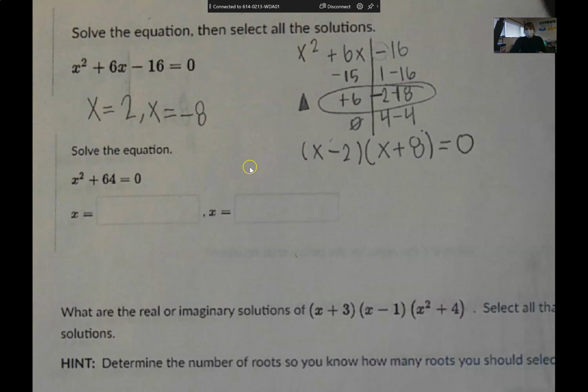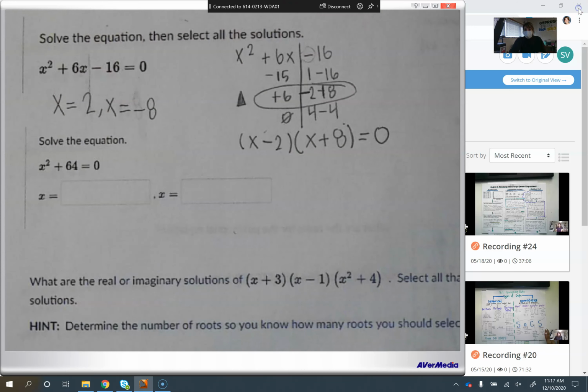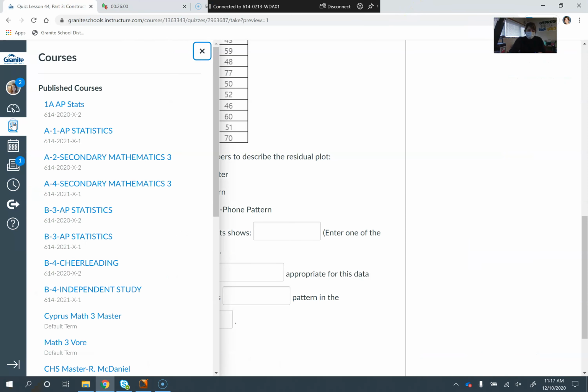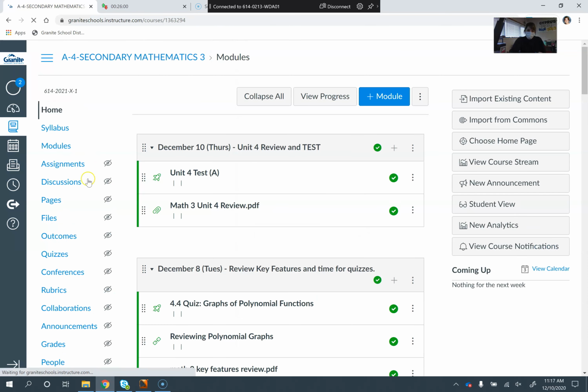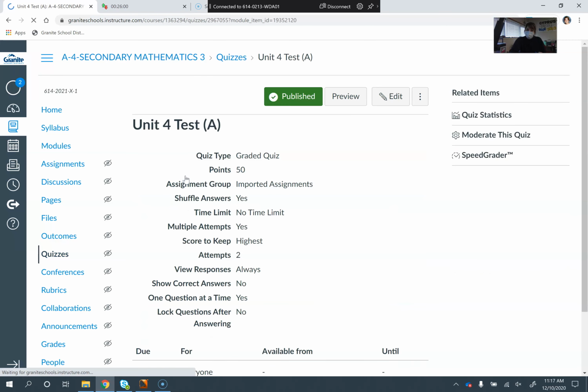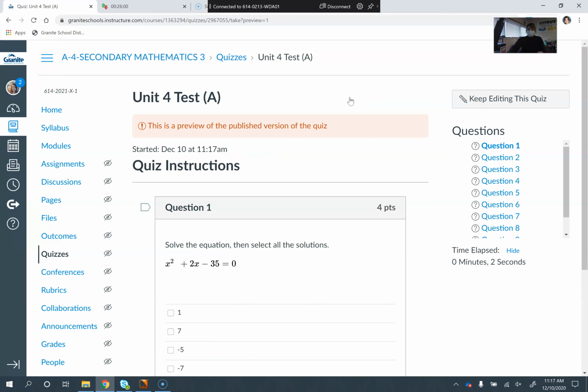So now, if we go into Canvas and we open up our quiz, and by quiz I mean test, we go to our Canvas course. The test is right here. We open it up. The first question is similar to this now.